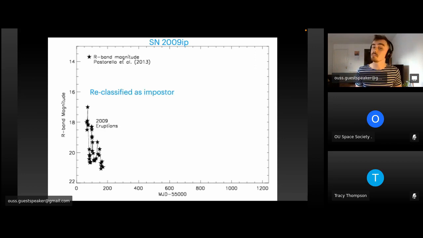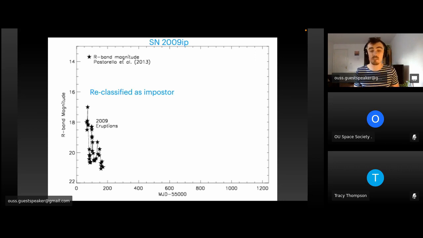But the issue was it didn't evolve as a supernova. It showed what I like to call erratic variability, basically these jumps over the next couple of months. And we said to ourselves, this is not a supernova, although it was classified and the naming convention was put in place and stuck, it was reclassified as an impostor event.